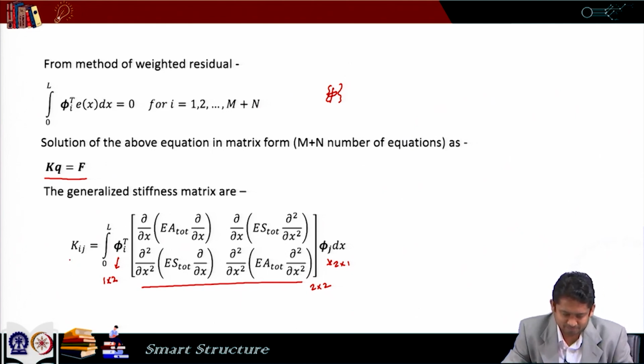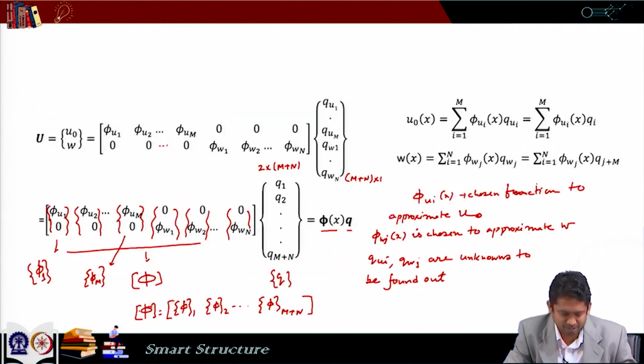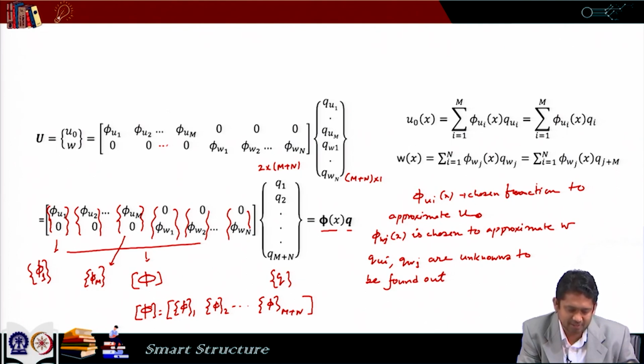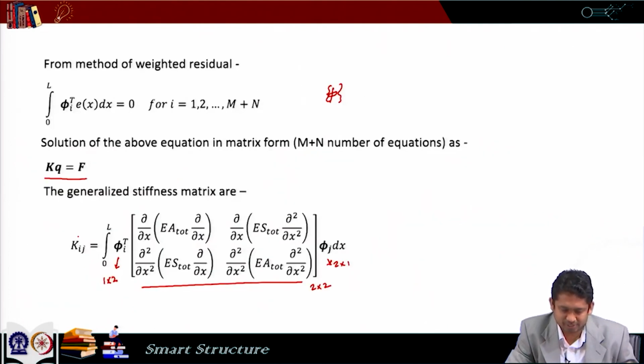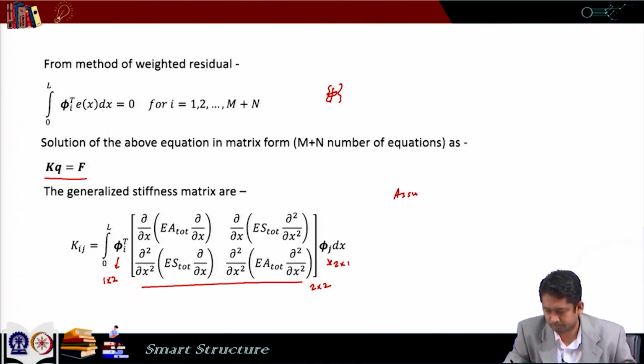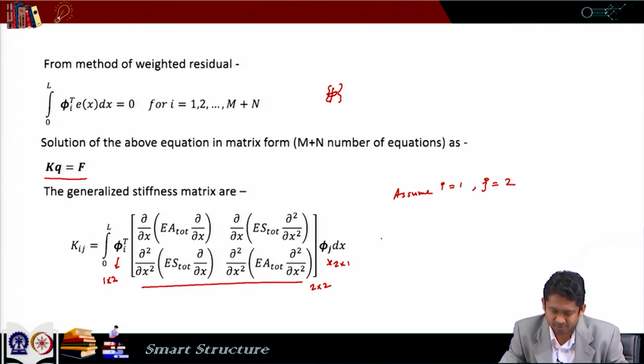Let us assume that from our phi matrix, we are taking this as i and this as j. So, let us assume that i is equal to 1 and j is equal to 2.